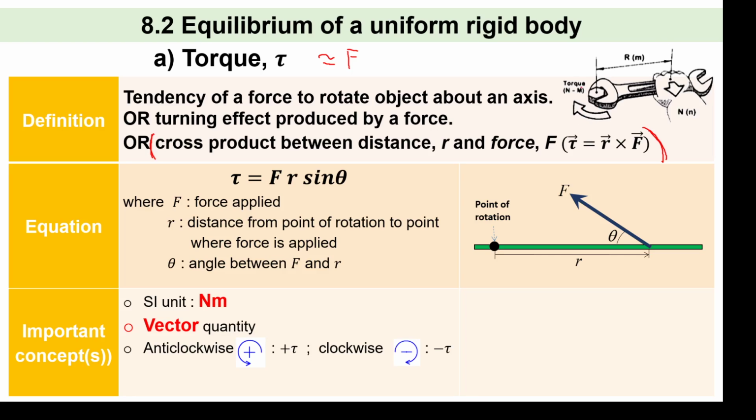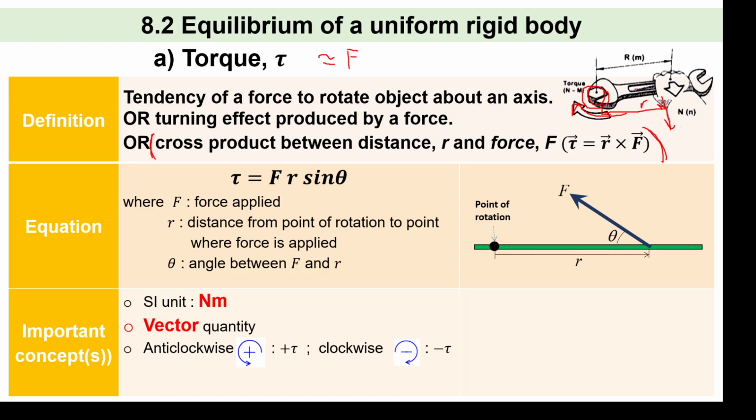So here, as you can see in our example, you have a man who is trying to tighten the screw. He is applying a force F here, and the distance from the point of the screw, which we will call the pivot point, to the hand is r.